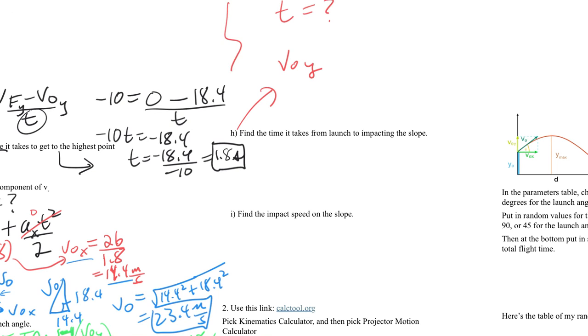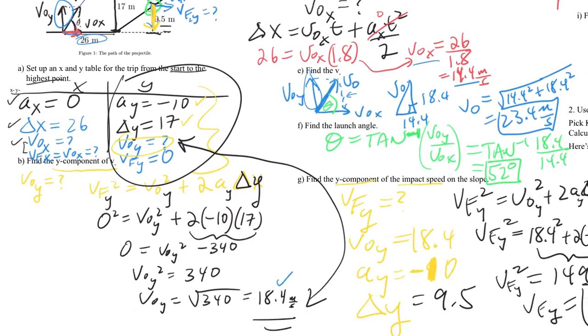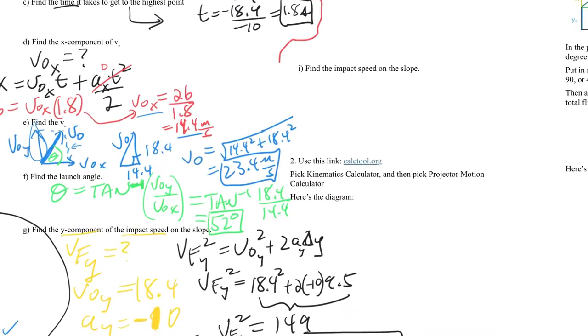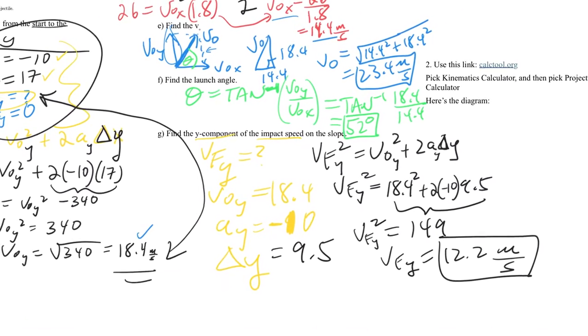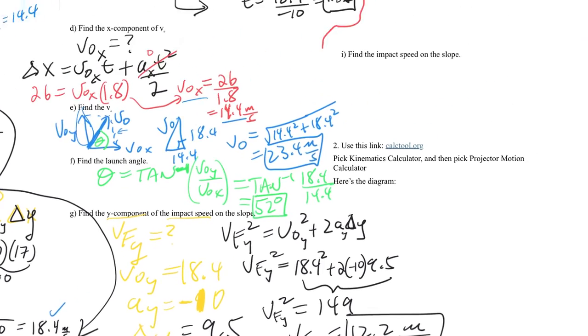Time 2, not to be confused with the time it takes to get to the highest point. VOY is already found way over here as 18.4. VFY was found right here, 12.2.